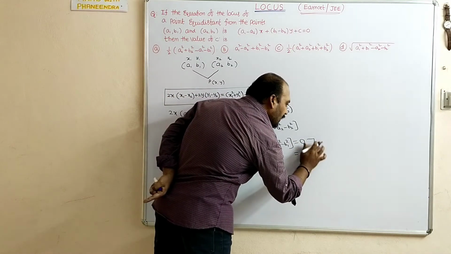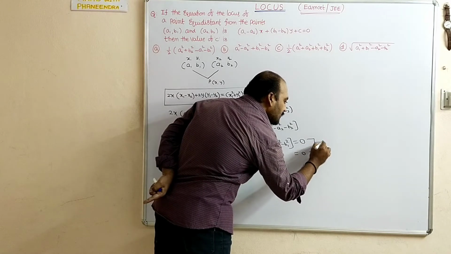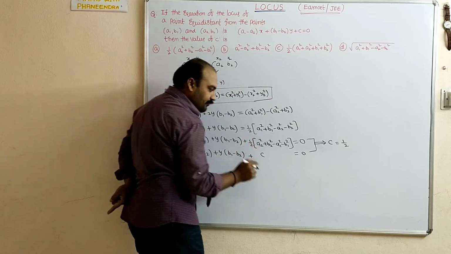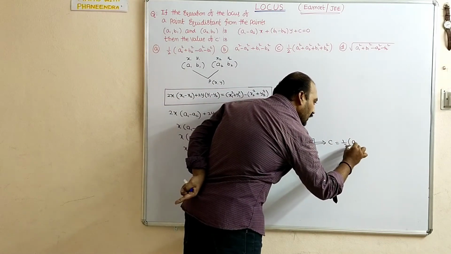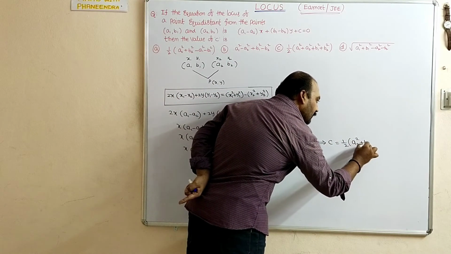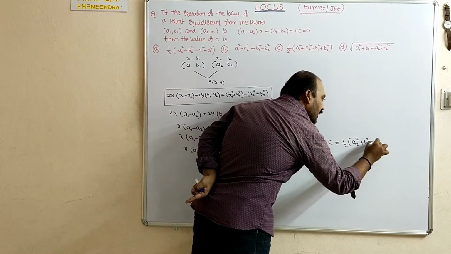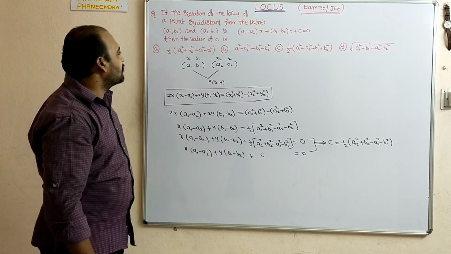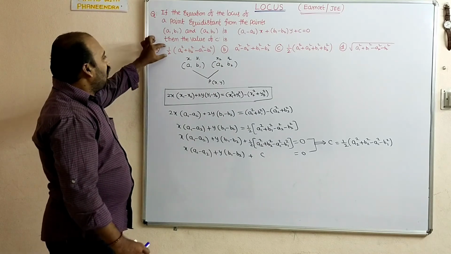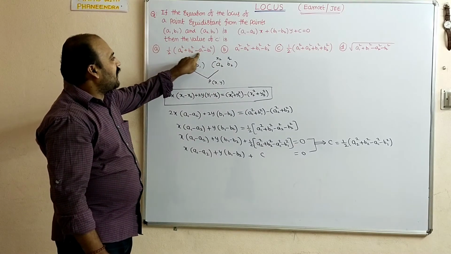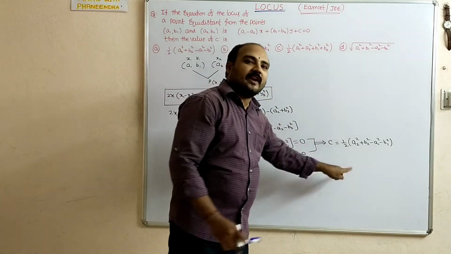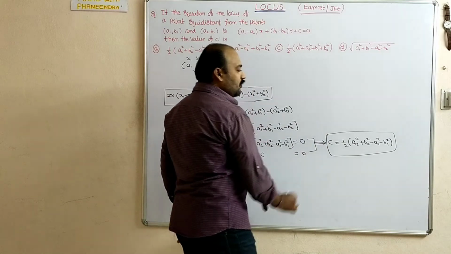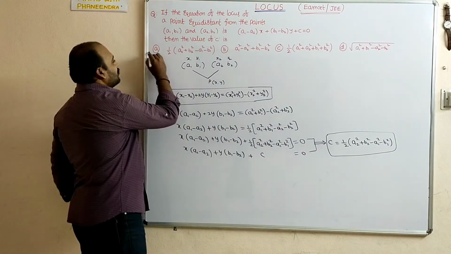Therefore, by comparing, c is equal to 1/2 (a2² + b2² - a1² - b1²). Now we can check the options. Half into (a2² + b2² - a1² - b1²) is exactly the value, so the c value is in the first option.